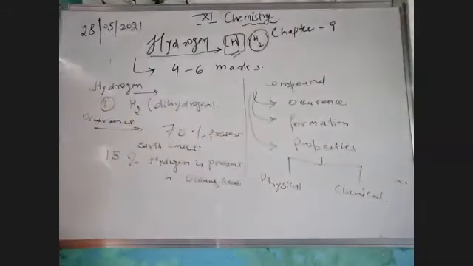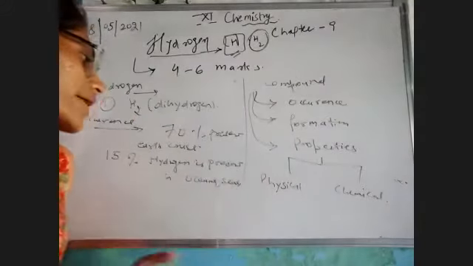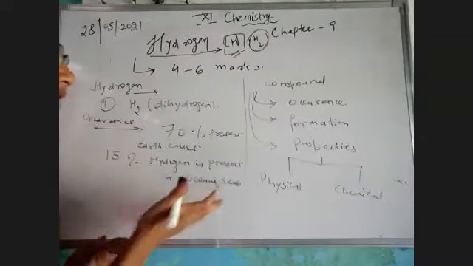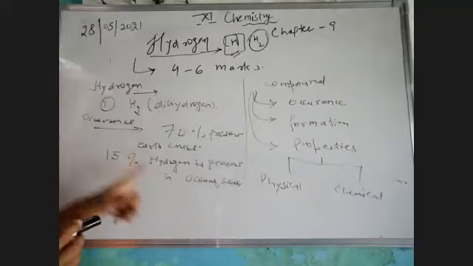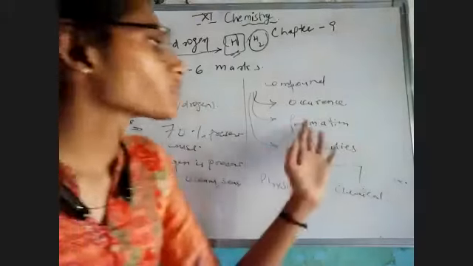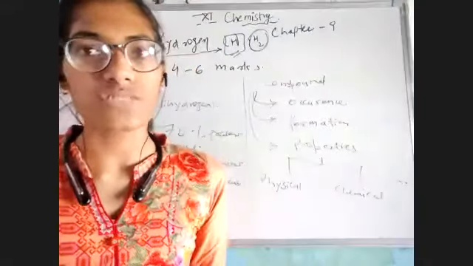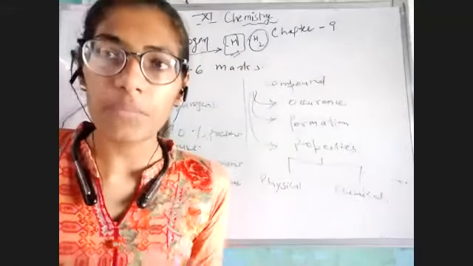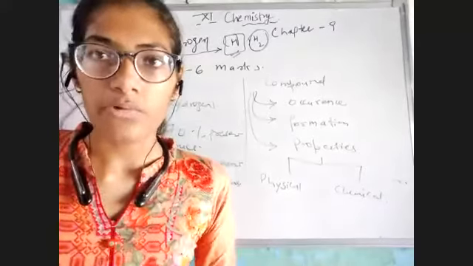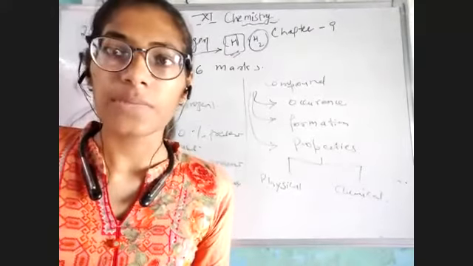So I'm saying that 70% of hydrogen is present over the Earth's crust, and almost 15 to 20% is present in the ocean seas. Not hydrogen, the H2 gas. All right. So now let's move on to the formation of dihydrogen, which is very important. There are some important reactions on the basis of which we will study how dihydrogen is formed. Okay, so let's begin.